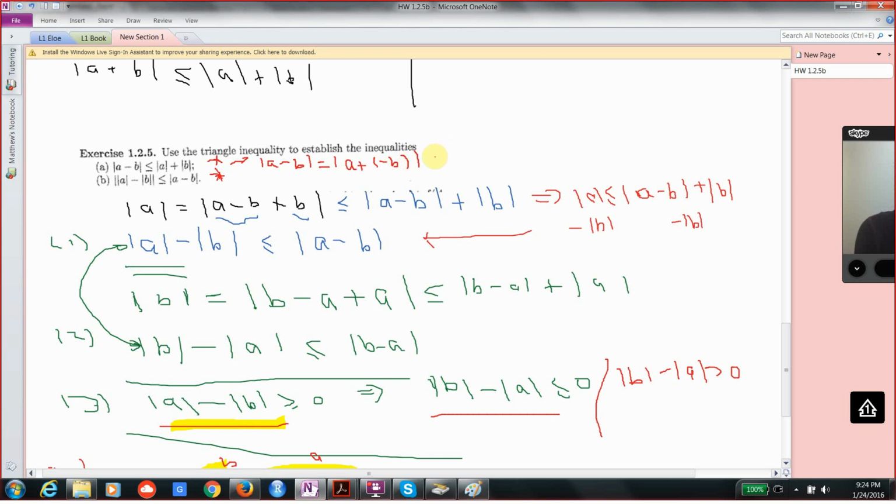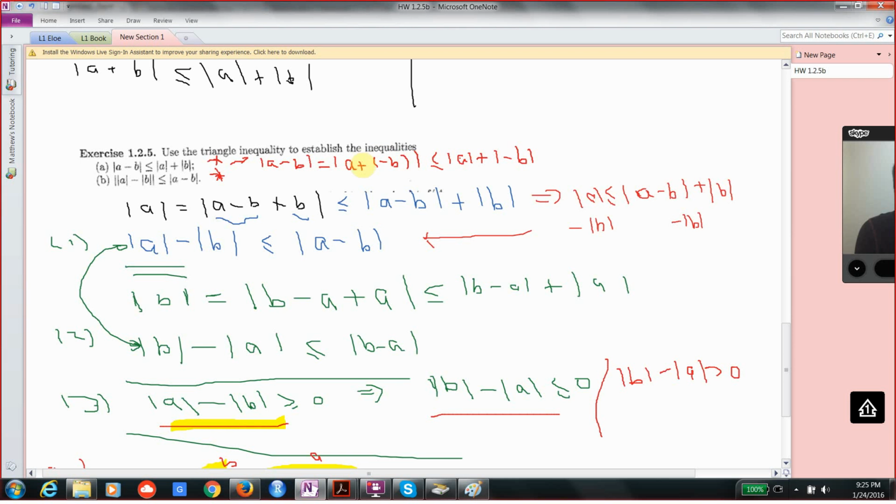Now I'm going to use a triangle inequality. Less than or equal to, what should I write here if I use a triangle inequality on this? It should be a minus b. Close. It's the absolute value of a plus the absolute value of minus b.